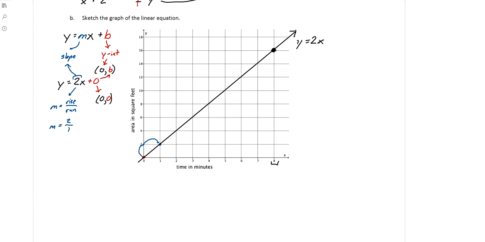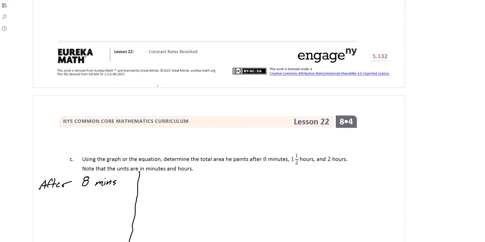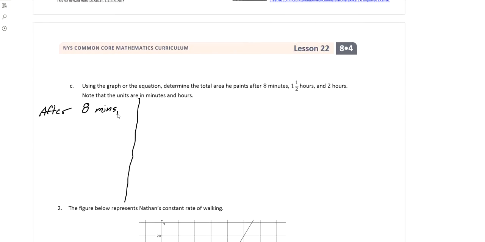We can see right here is the 8-minute mark on the graph and gives us 16 square feet. So easy enough. So after 8 minutes, he paints 16 square feet.